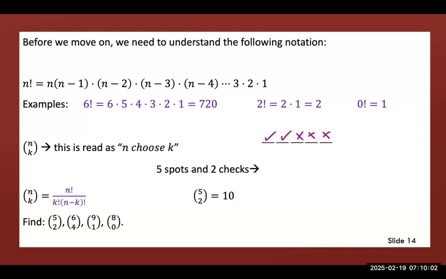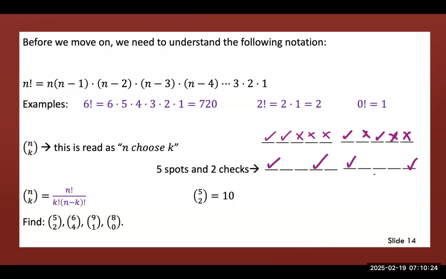If I move those checks around, like here, now I have 1 check in the very front, and then the second check is in the 3rd position. How many different ways can I move those checks around? So here's another example. I dropped the X's, but you can imagine there's 3 X's, and here are the 2 checks.